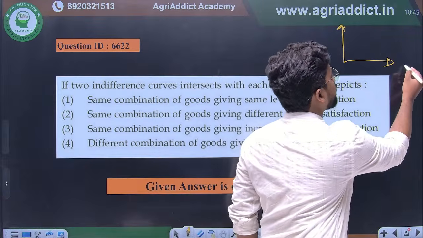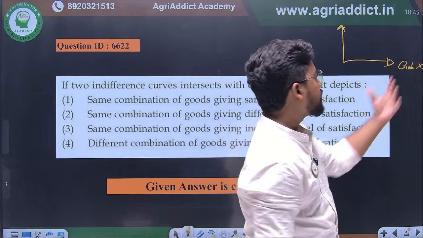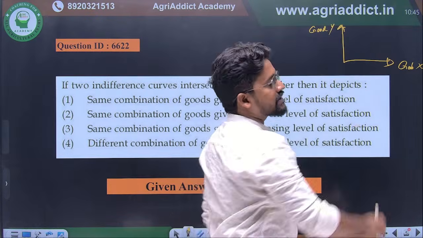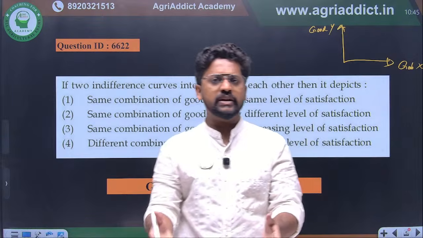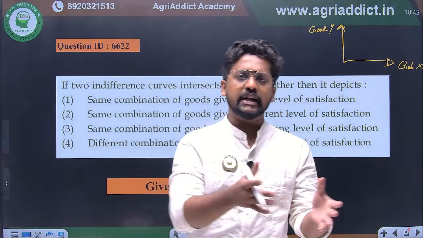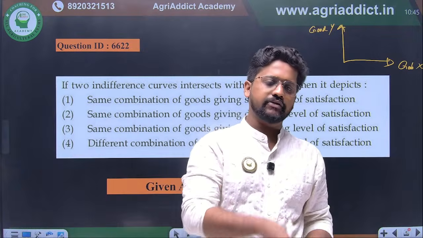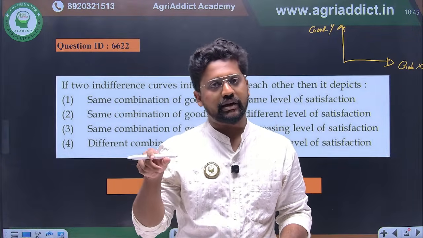So therefore, we have a good X, say Dairy Milk, on the x-axis, and say good Y, Milky Bar, on the y-axis, right? And we will be having different combinations of goods. Imagine that we have 10 baskets with us, and in the first basket I have deposited 1 Dairy Milk, in the second 2 Dairy Milks, in the third one 3 Dairy Milks.